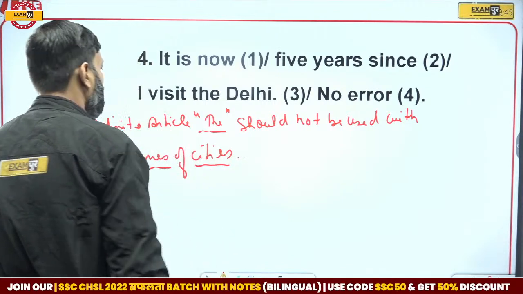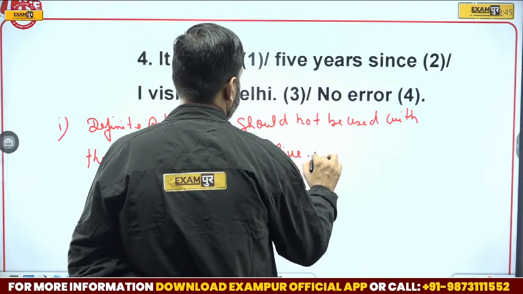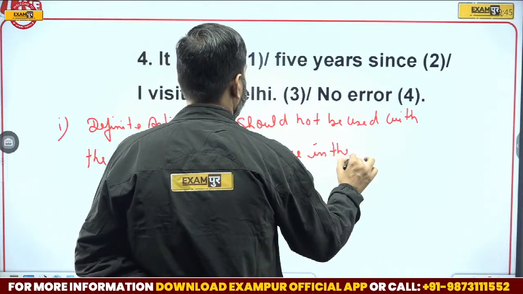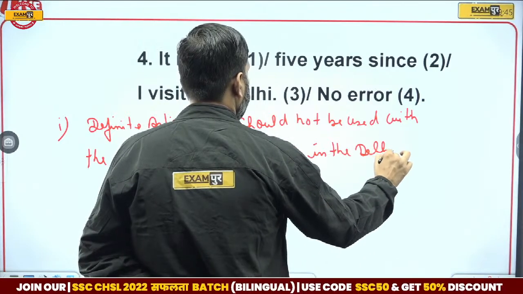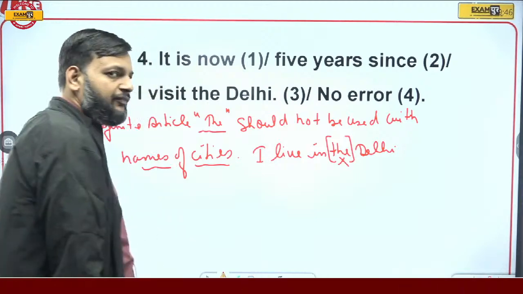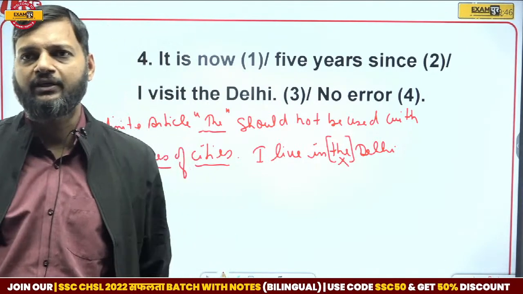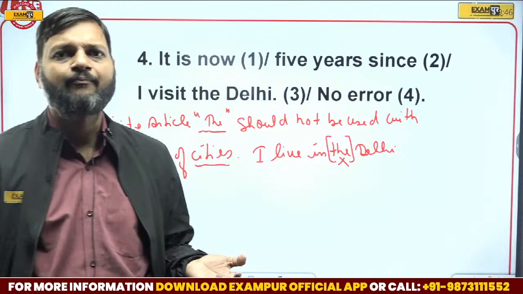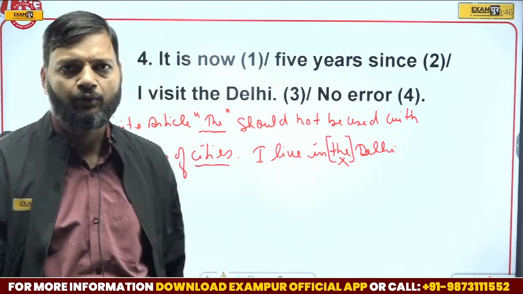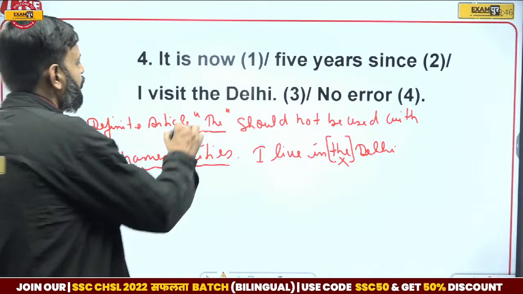So if I write "I live in the Delhi," here the use of "the" is wrong, because definite articles should not be used with names of cities or even with any proper noun. So here the first error is the use of "the."